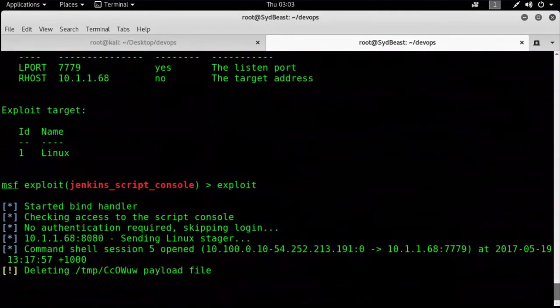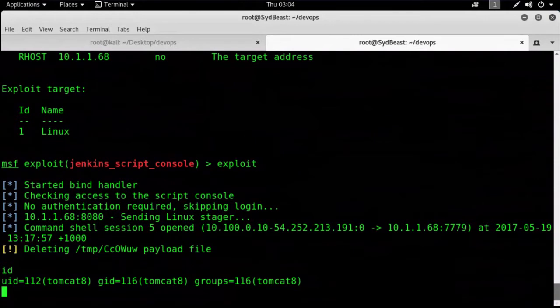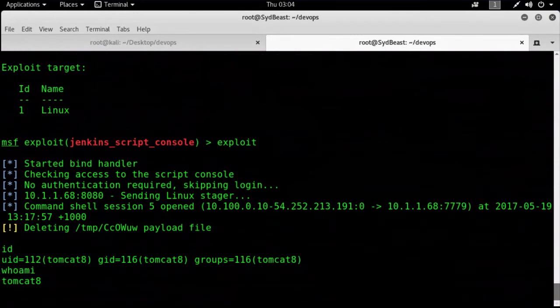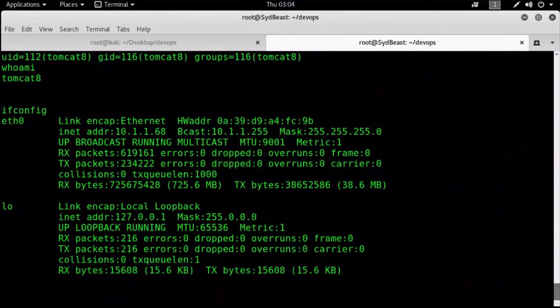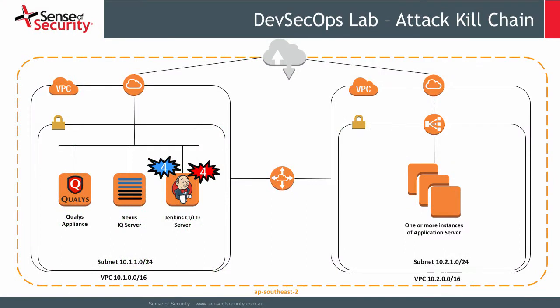Our attacker types exploit and away it goes. And success, we're typing in some commands now that are being executed on that Jenkins server, such as id and whoami, and you can see that again we're running as the Tomcat 8 user.